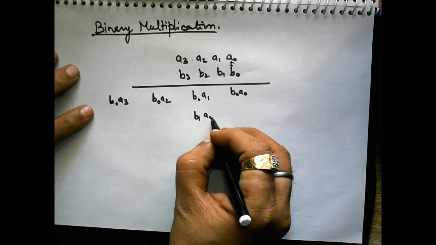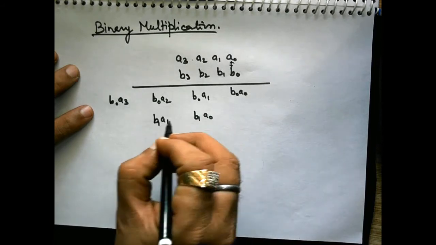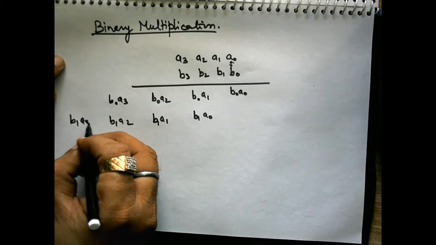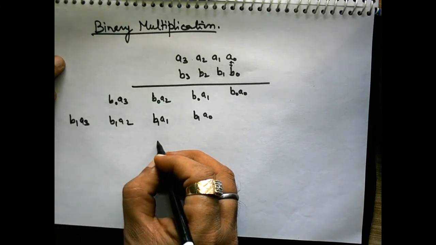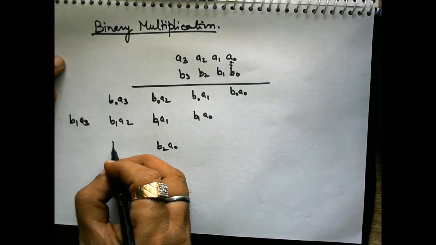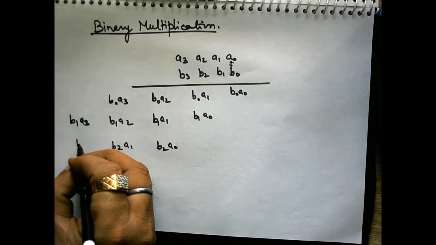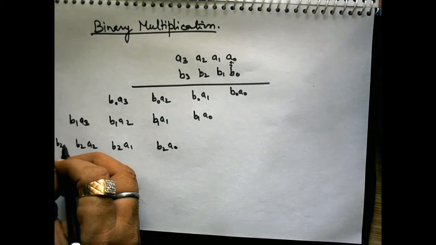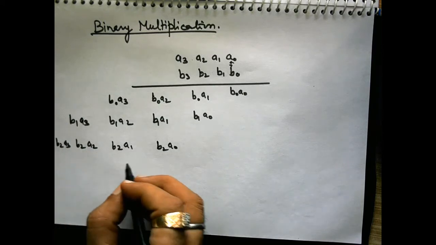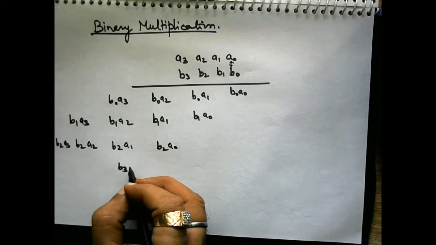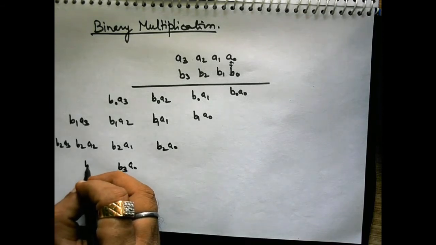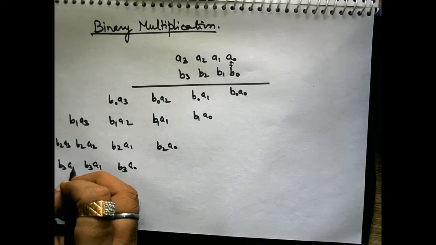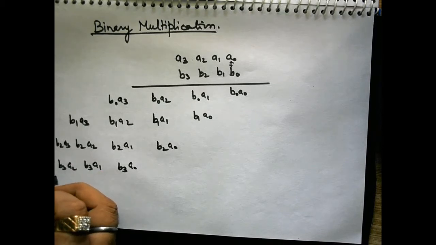Similarly, B1 A0, B1 A1, B1 A2 and B1 A3, and B2 A0, B2 A1, B2 A2 and B2 A3, and finally B3 A0, B3 A1, B3 A2 and B3 A3.